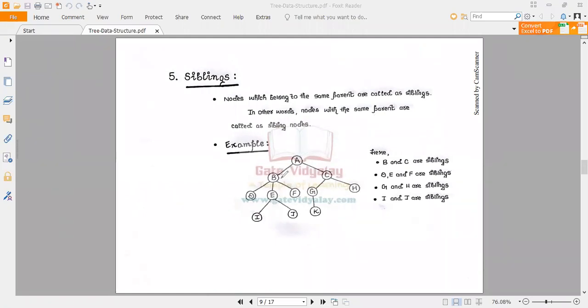So here we can say B and C are siblings because they have a common parent, which is A. Then D, E, and F are siblings because they have the parent node B. Similarly, G and H are siblings, they have parent C. And likewise, I and J are siblings.